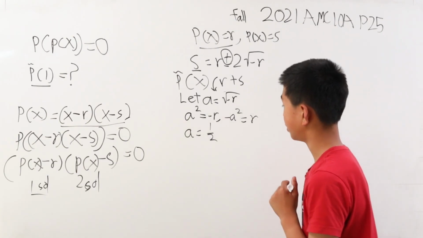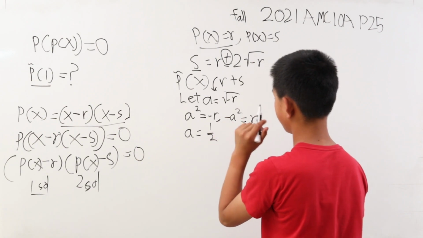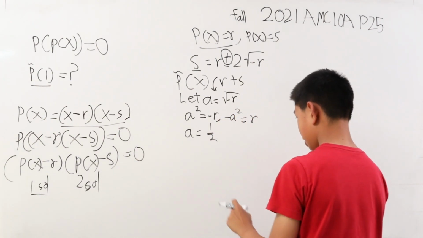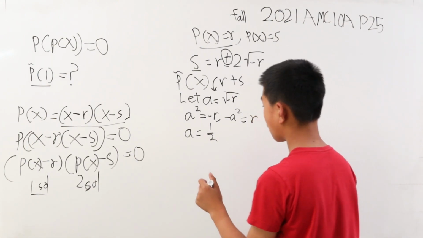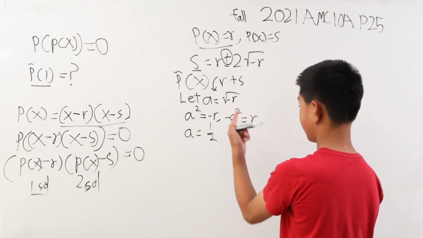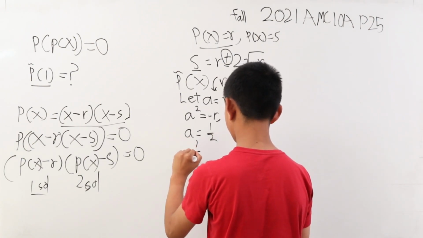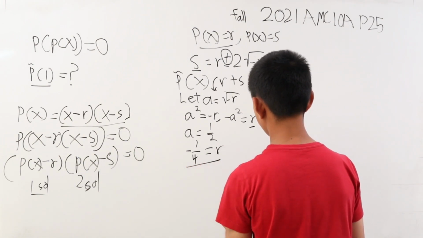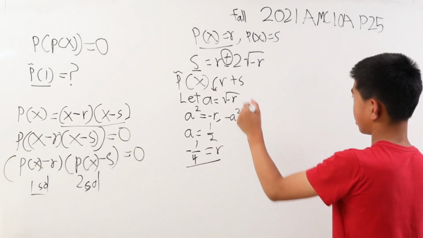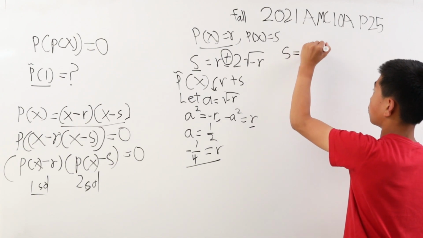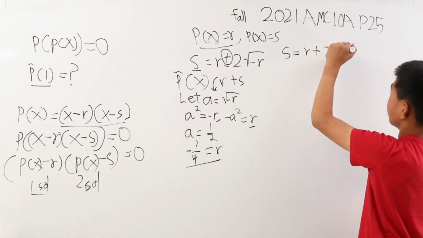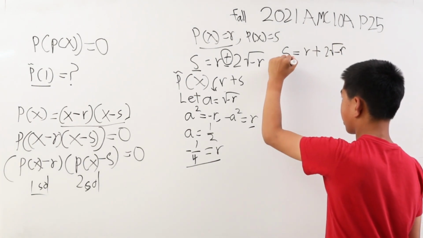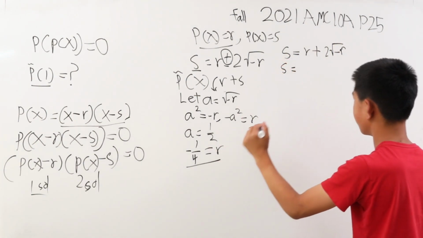Okay, we have all our data written down. a is equal to 1/2, a squared is equal to negative r, and negative a squared is r. Well, this is pretty straightforward. We can just solve for r. r is negative a squared, so negative 1/4, this is r. We have r, we want to find s now. s is r plus 2 times the square root of negative r. So we can substitute the value of r.